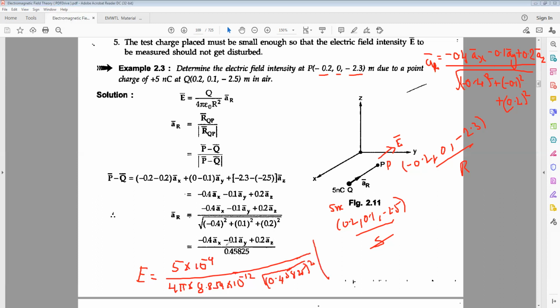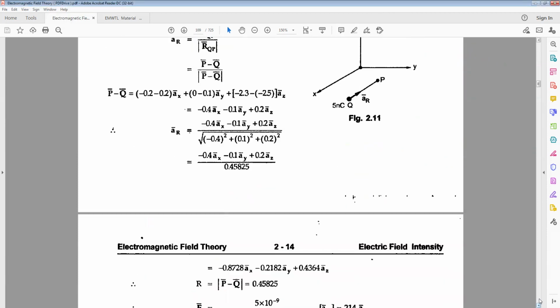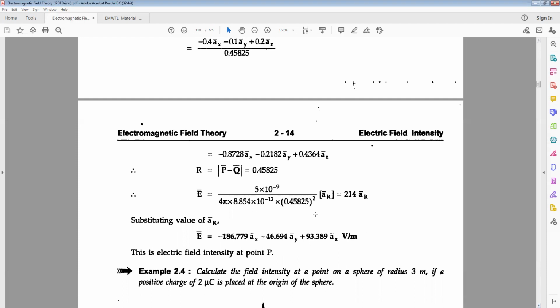Substitute this value and find the AX, AY and AZ bar coefficients. We get E bar equal to minus 186.77 AX bar, minus 46.694 AY bar, and 93.389 AZ bar.